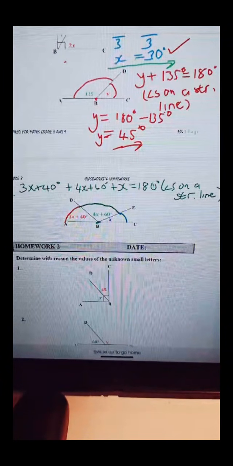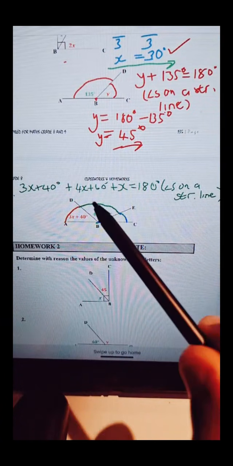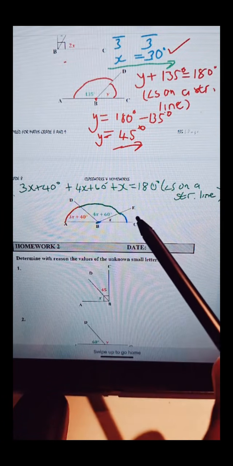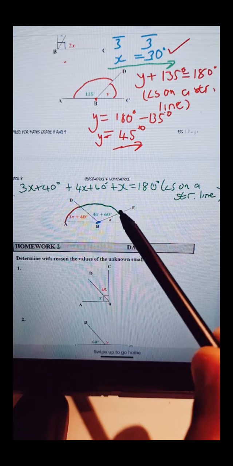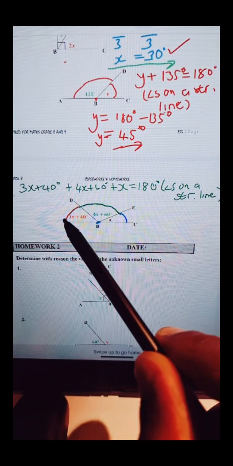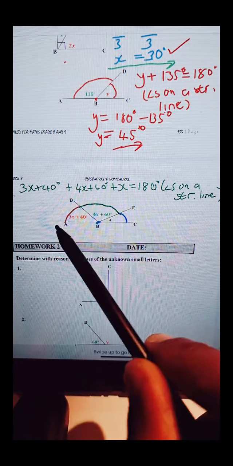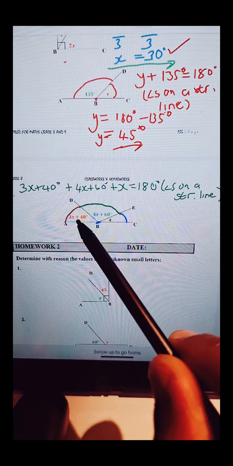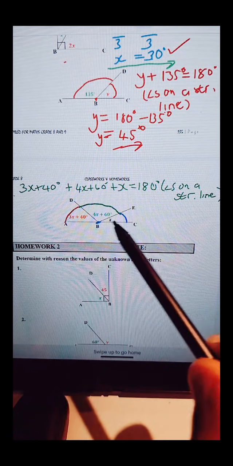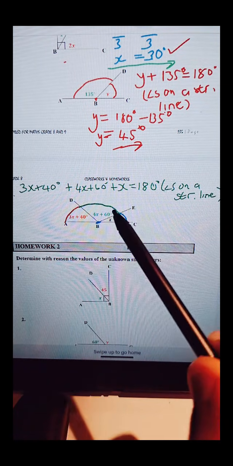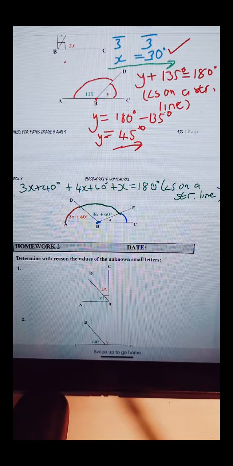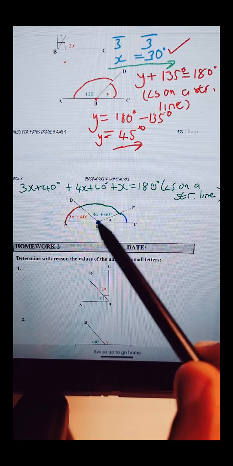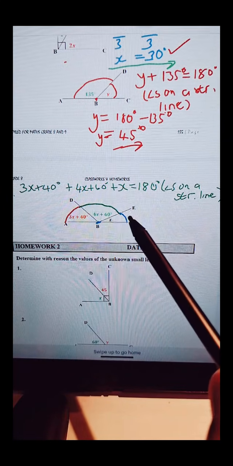Why are we saying angles on a straight line? Guys, please, x, 4x plus 60 and 3x plus 40 together, from here to there, from there to here, and from there to here, we are completing a straight line ABC. They are lying on the straight line. Angles on a straight line qualifies if the angles concerned lie on the straight line. 1. 2.